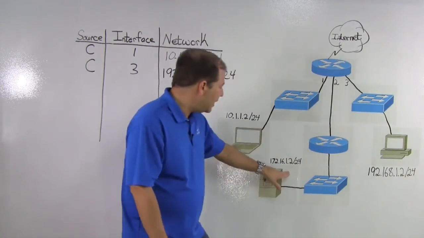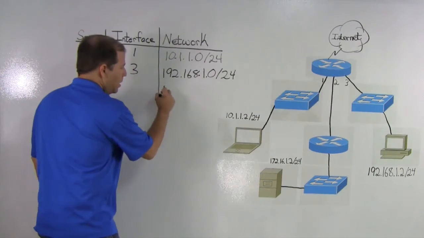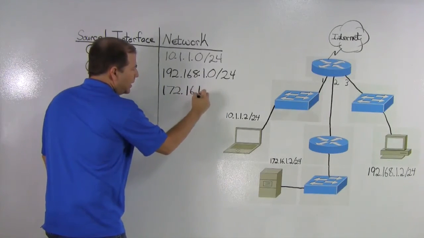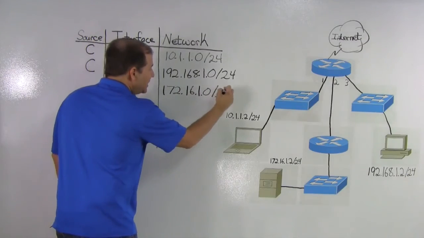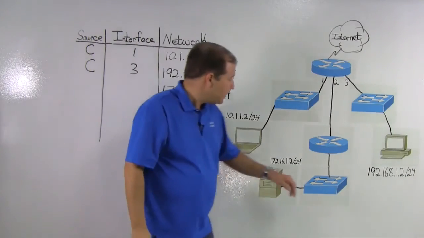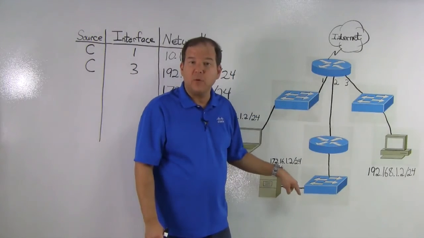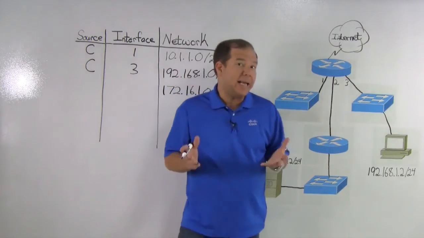So we've got this network of 172.16.1.0/24. It is not directly connected. How did we learn about this network? It's available via a different router. We could have statically configured it.